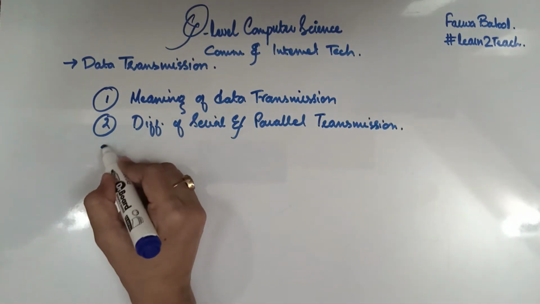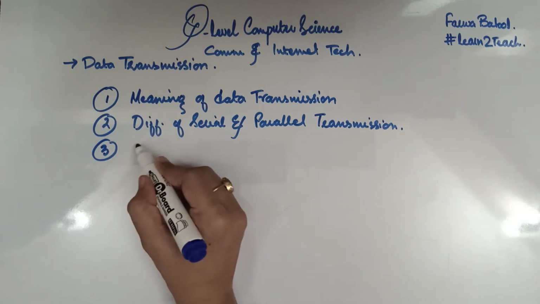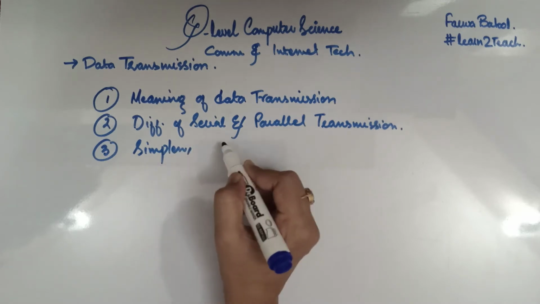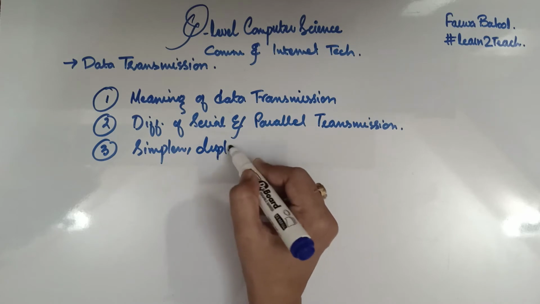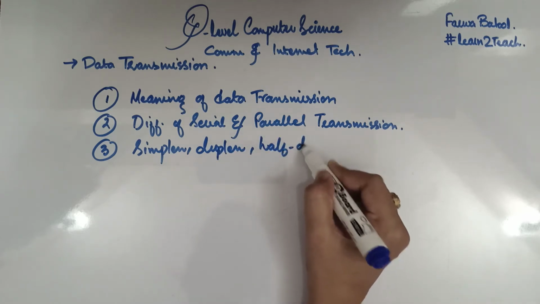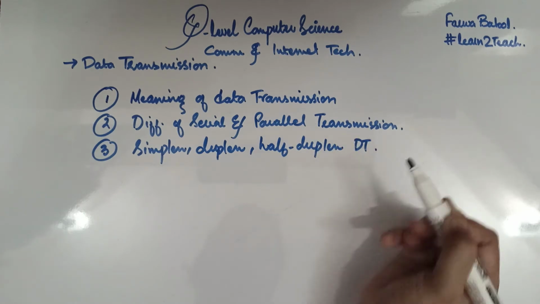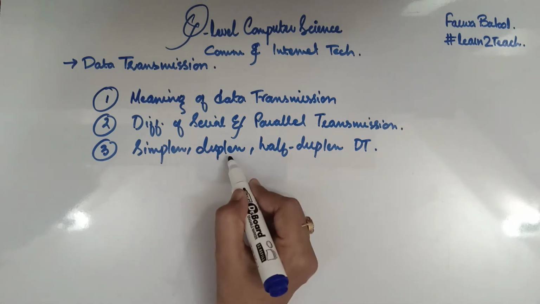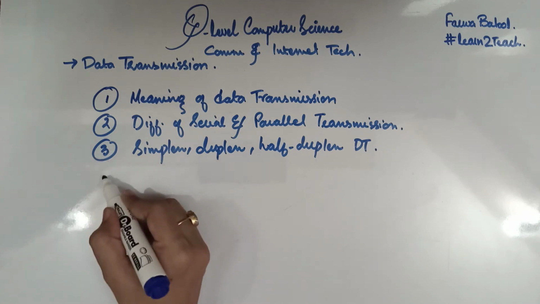The third thing is that you must know what simplex, duplex and half duplex data transmission are. You must know the difference between all of these. This is the third thing that you must know.